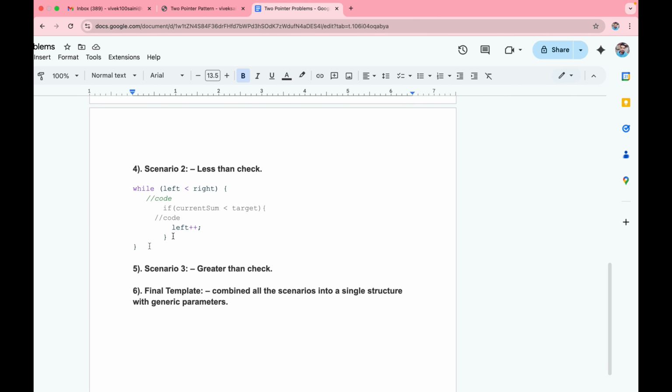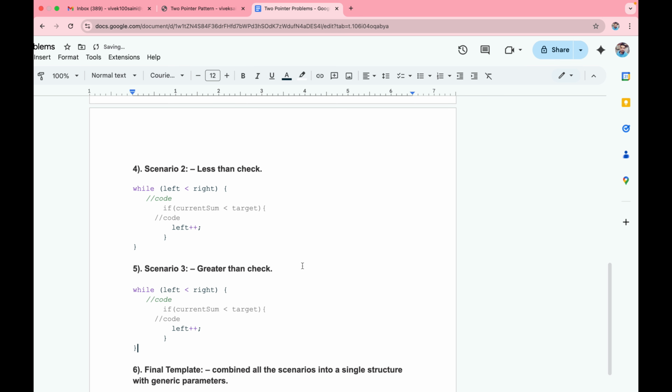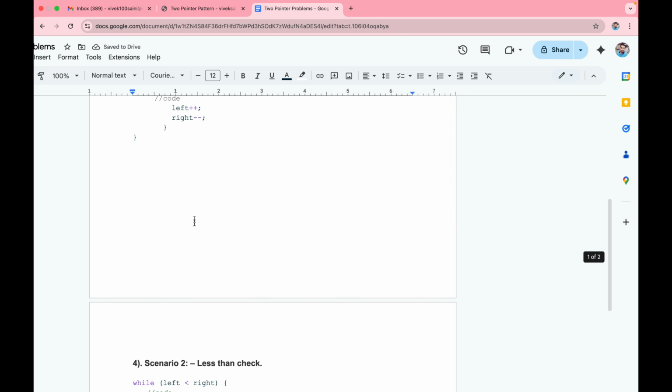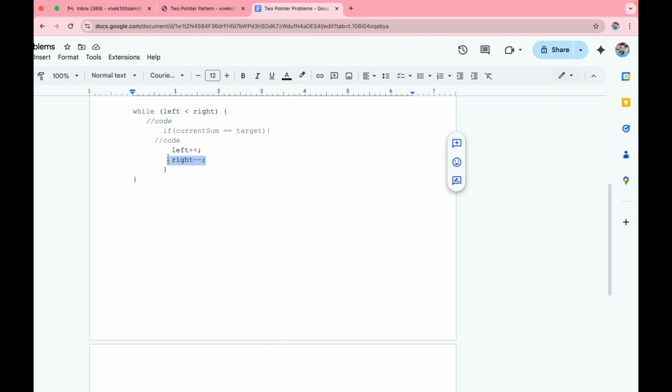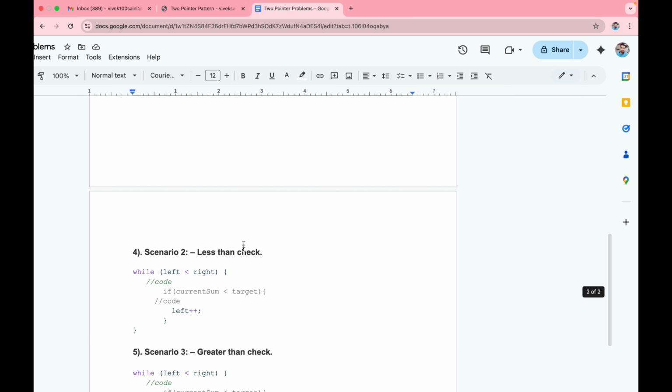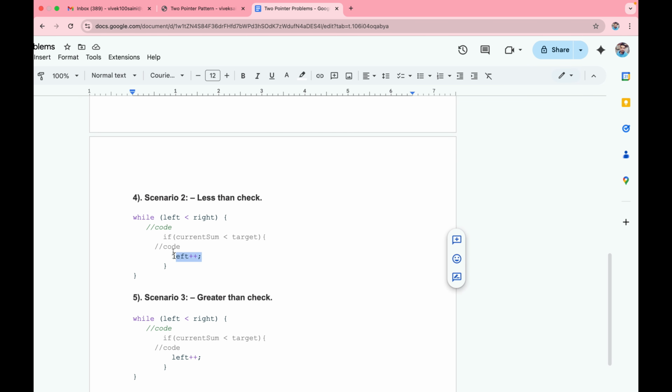Now jump to the scenario and write code. Okay, so here what we are doing, right minus minus we are doing and we are doing some logic here.